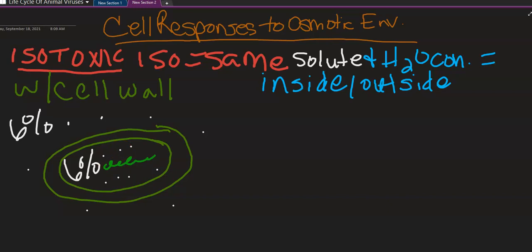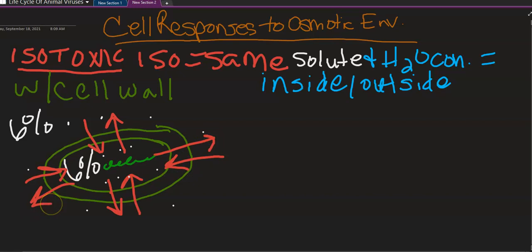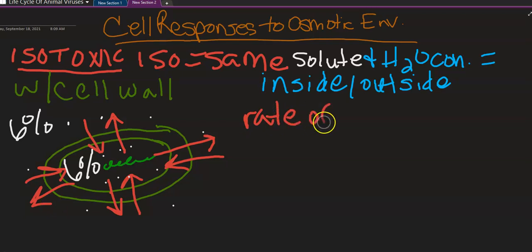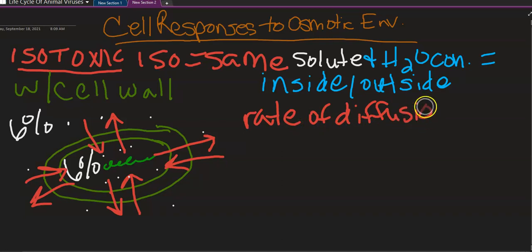So what that means is water is going to be drawn in and out of the cell. Remember, water travels via osmosis, which means going from a high to low concentration. But it's going to be drawn in and out of the cell at an equal rate, okay? So the rate of diffusion, which osmosis is diffusion of water, is going to again be equal.